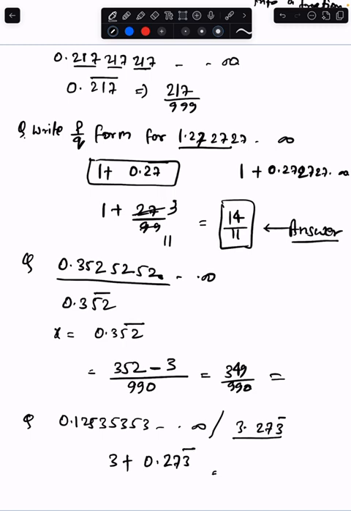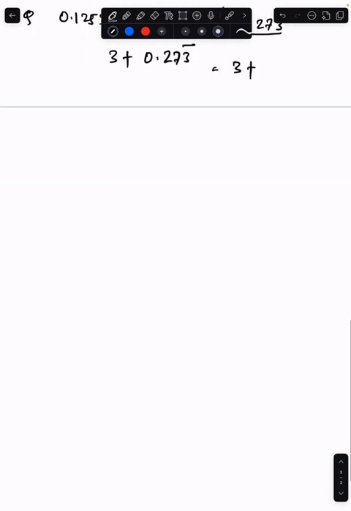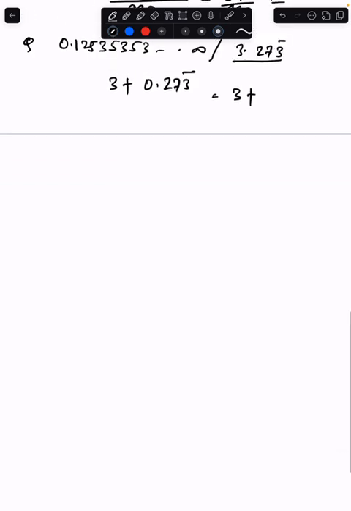Then again what will we do? 3 plus 273 minus 27, since only 1 digit has a bar, that is 3, so we subtract 27 from the whole 273. Then we have only 1 digit over which we have a bar, so we put 9, then 2 digits which have no bar, so we put 0, 0 for those. Then we will solve and get the answer.